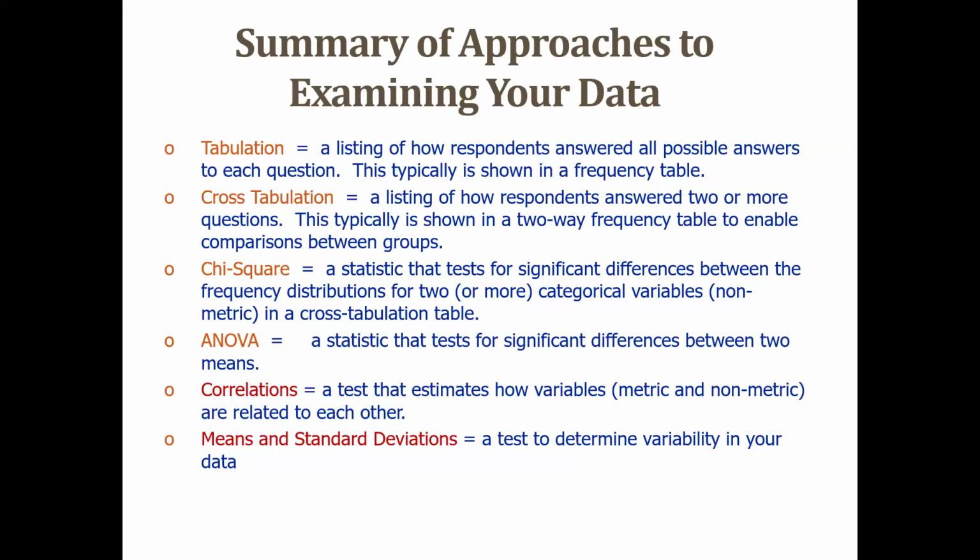And a higher form is the ANOVA test that checks the significance of difference between two metric scores, that is means.